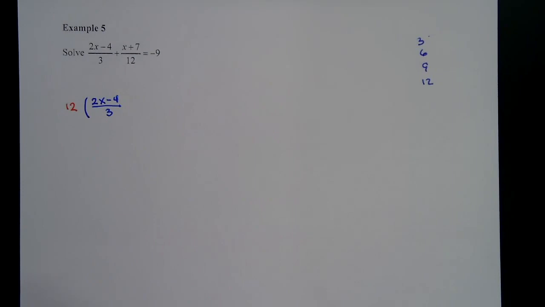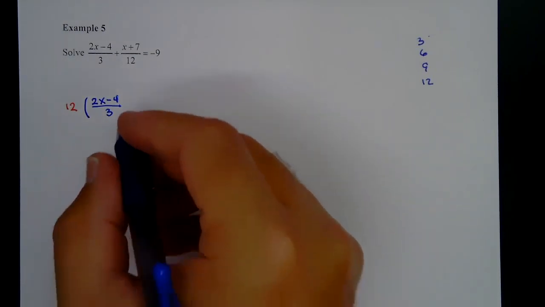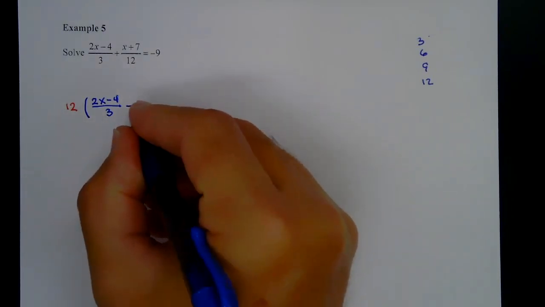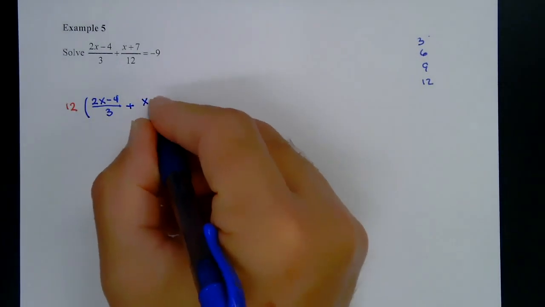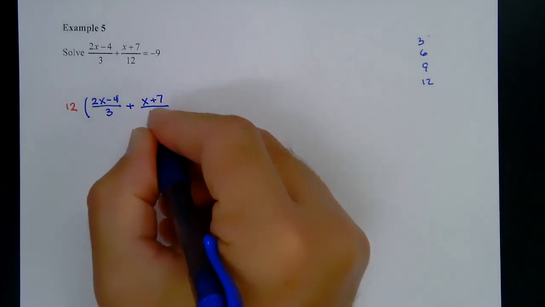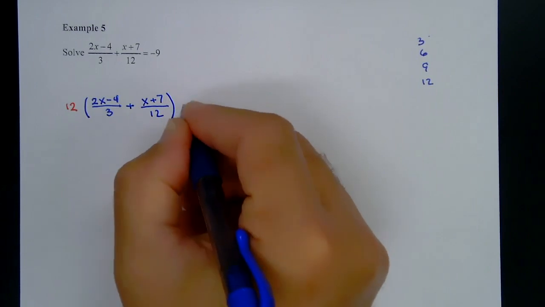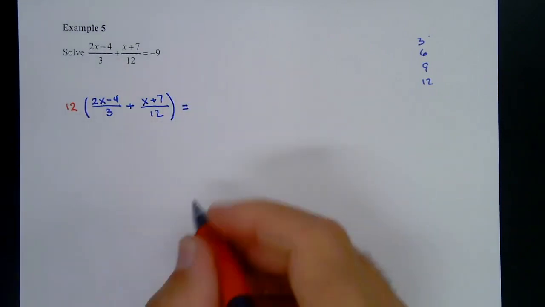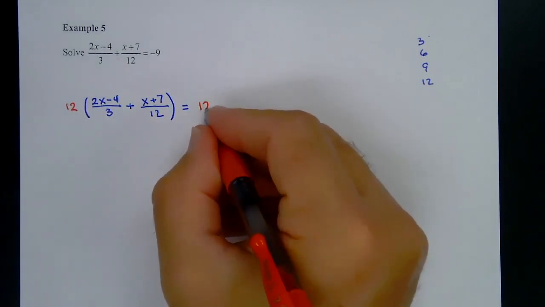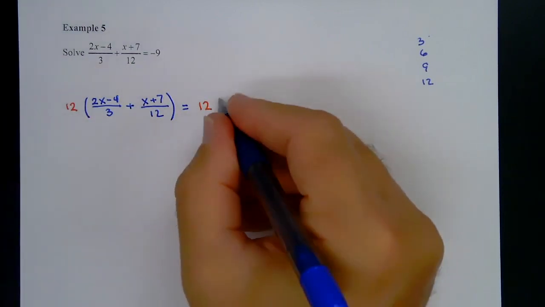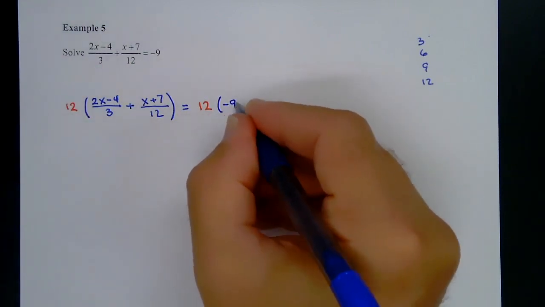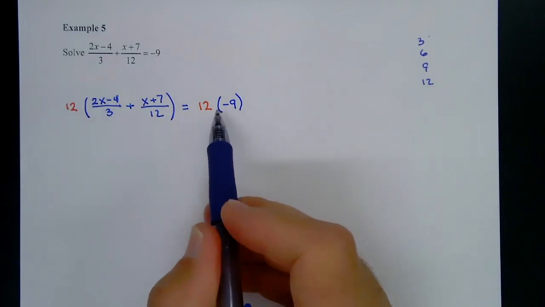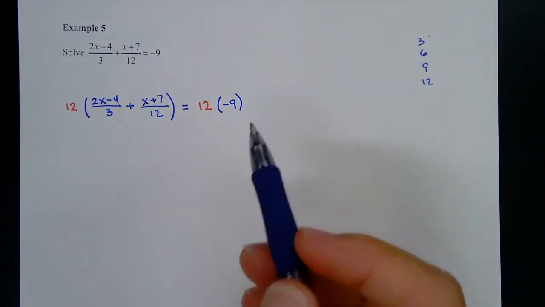Now that parenthesis is gone. Then I want to put in plus x plus 7 over 12 and then close the parenthesis. Then this is equal to, and here I'm multiplying the right-hand side by 12, and then in parentheses the negative 9. We'd want to put parentheses there and not leave it as minus 9, because then it looks like a subtraction problem.